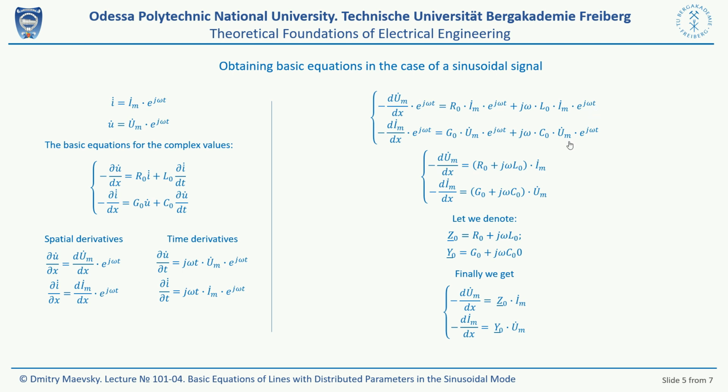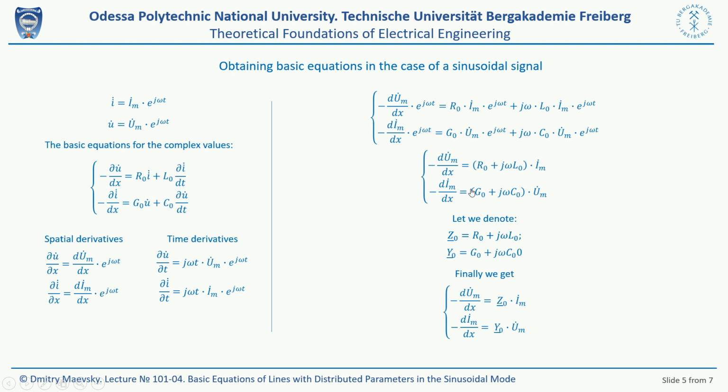Note that the rotation factor is present in all terms of this equation, so we can cancel it. Similarly, we transform the second equation of the system. After reduction by the rotation factor, we obtain such a system.